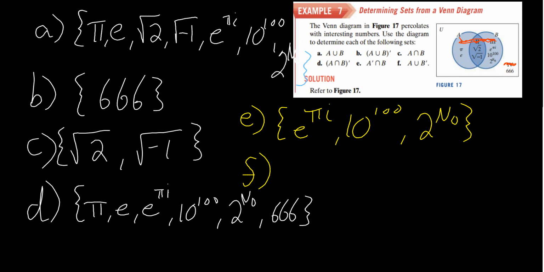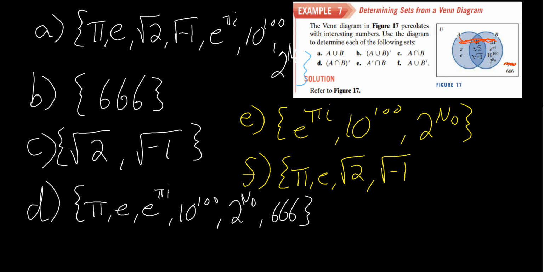So we're going to say the union of A with the complement of B. Well, A by itself already contains pi, e, the square root of 2, and the square root of negative 1. Even though some of those elements are not in B complement, they are in A, so we have got to include them.